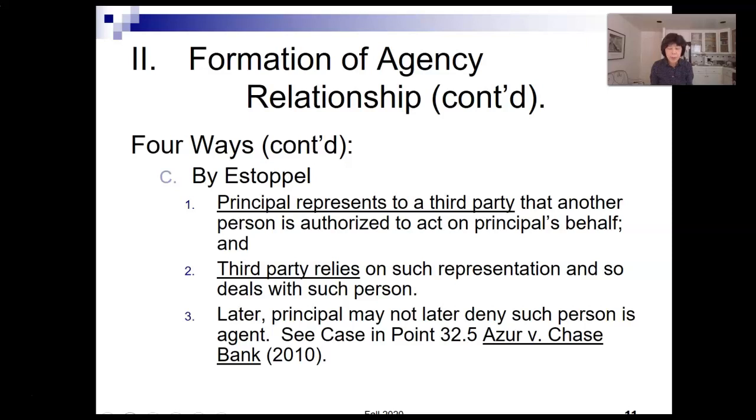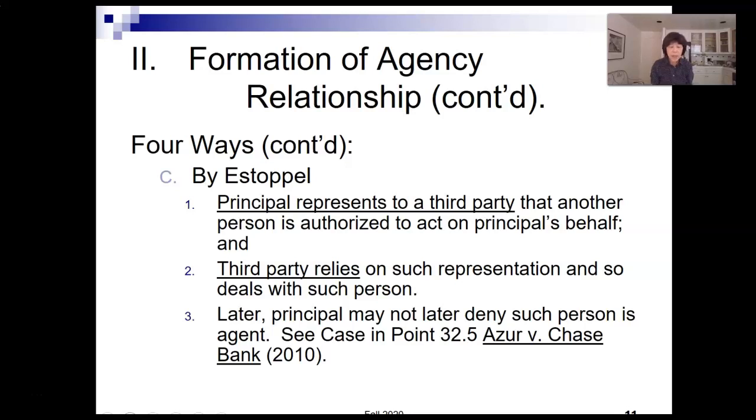Mr. Azure discovered that fraud of his personal assistant, and he fired the assistant. He tried to get his money back from Chase Bank, but the court determined that Mr. Azure had created an agency by estoppel.